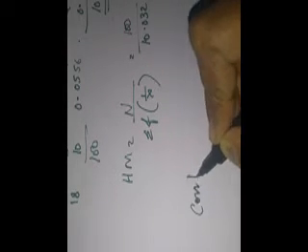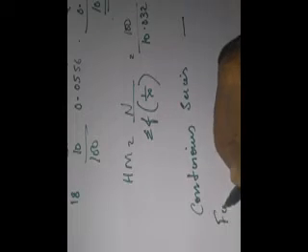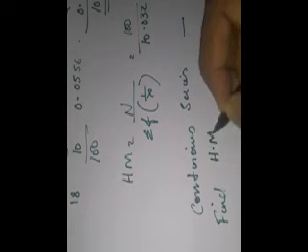Now we are going to do the case of continuous series. We know for continuous series you have to find out the mid value of the class. Just remember that always. So now the question is, find harmonic mean.